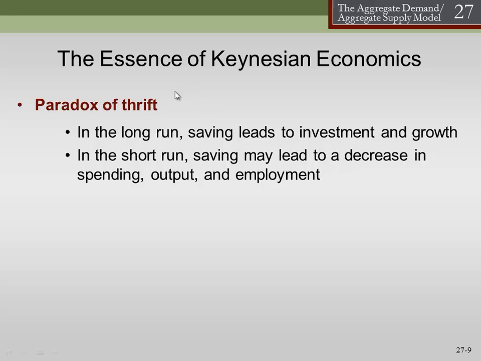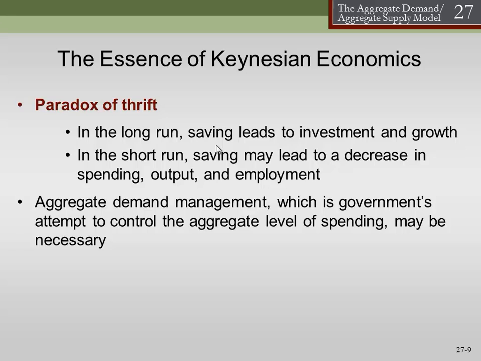That's why we call this the paradox of thrift. Now, it's been shown that this is very much a short-run phenomenon. If savings rates go up in the long run, that does lead to investment and can lead to more growth. But the short-run response of the economy is very different than what we might expect.